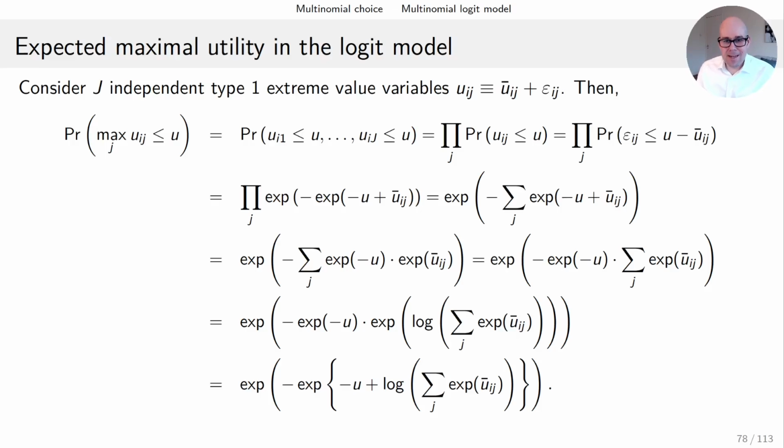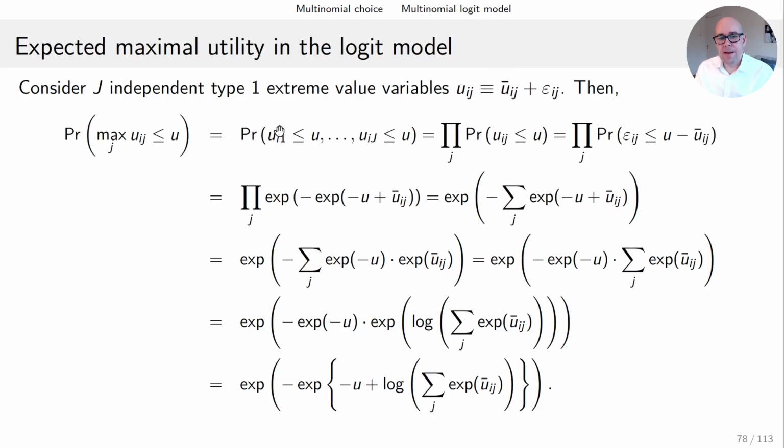What is important is that the object we want to study here is a random variable, and that is the maximal utility. So I have J, capital J, random variables, and I'm defining a new one, and that is the max of these capital J random variables. Each of them is type 1 extreme value plus a mean utility.